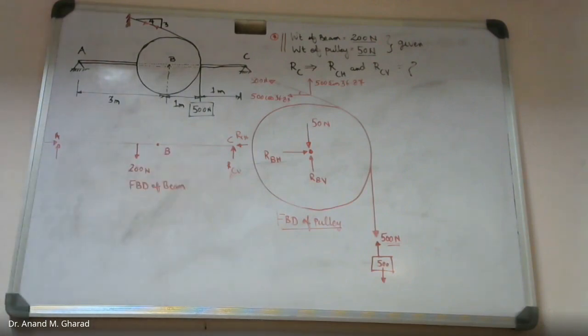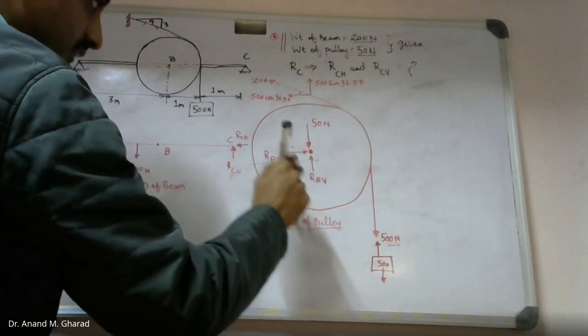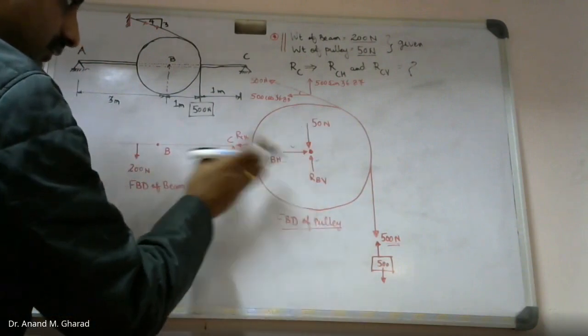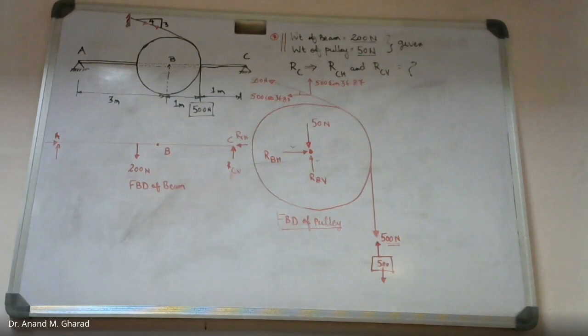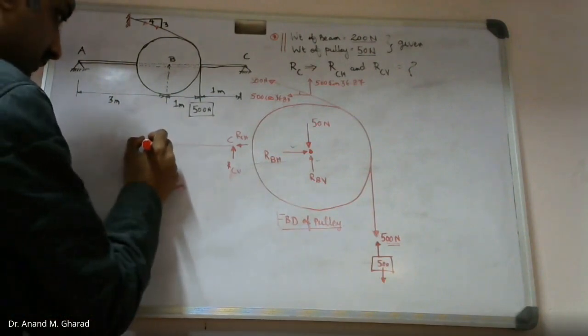As we have discussed earlier also, the reactions, whatever you have found out over here at this stage, should be transferred in the equal and opposite direction. Magnitudes will remain the same, right? So what will be the direction?